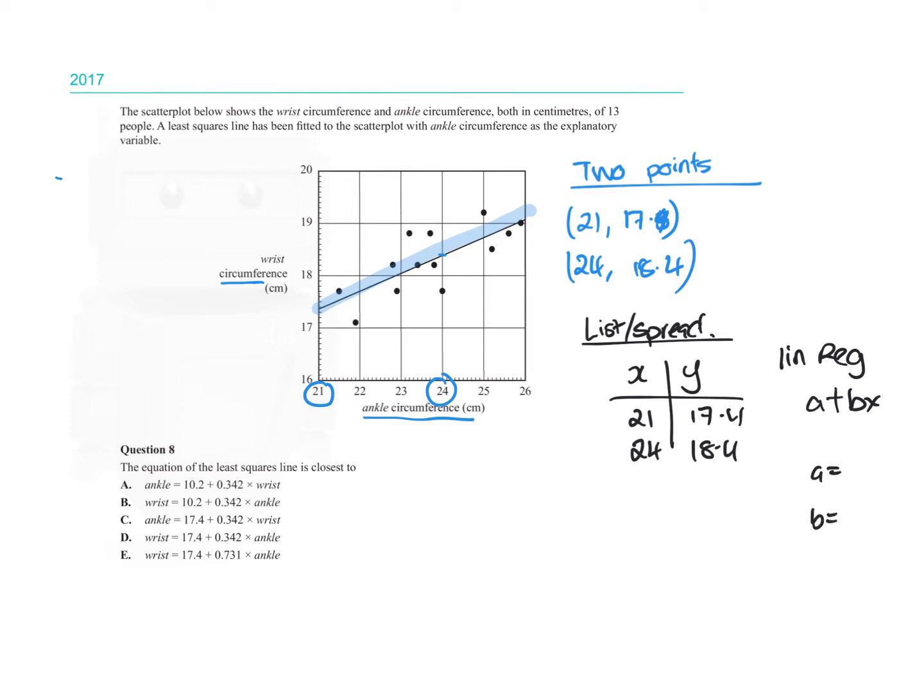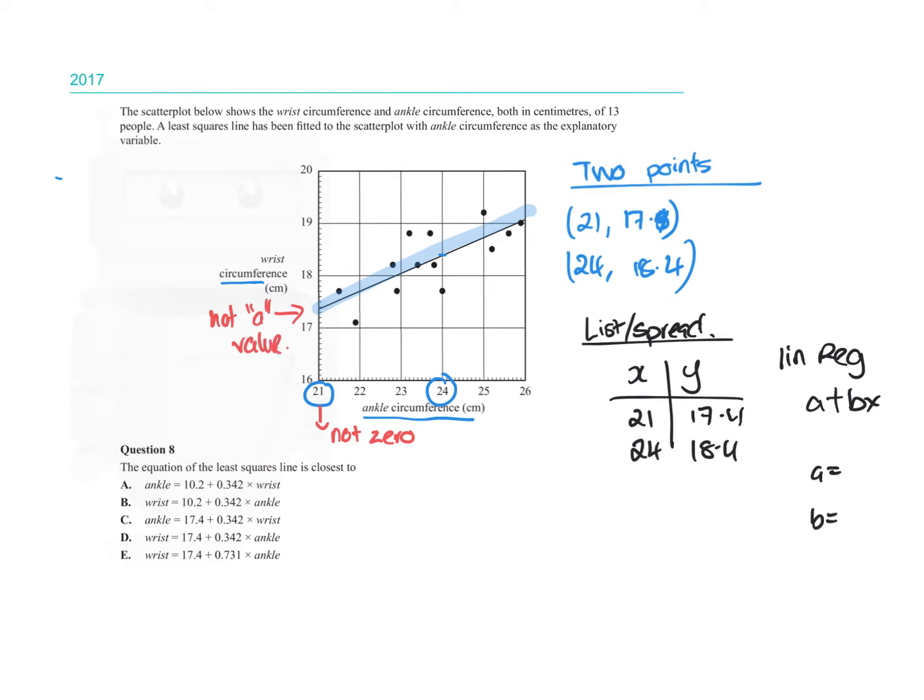What you could do though is quickly see that because this is not 0, this is not the intercept. Because this is not 0, that is not the A value, because that's the intercept.